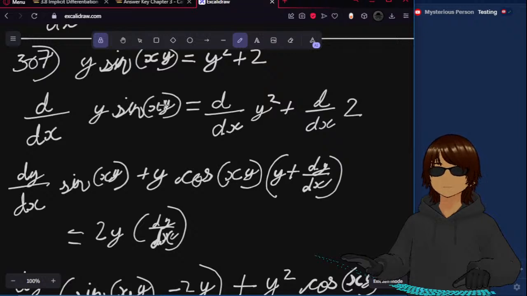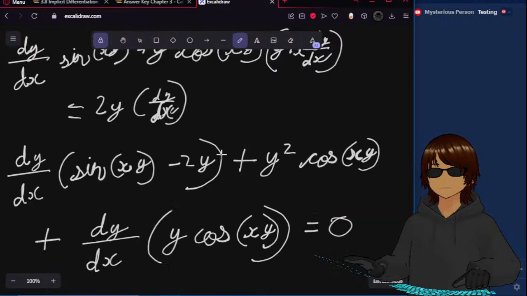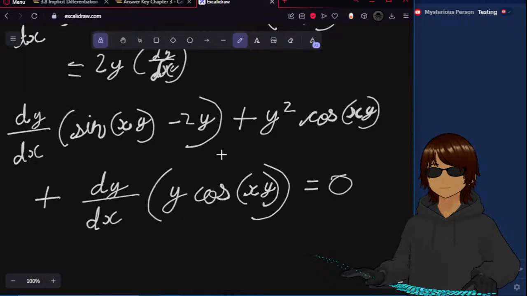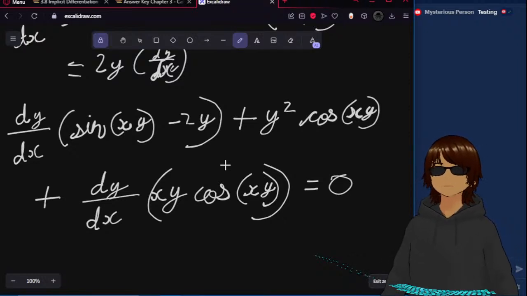First times the second. Derivative of the first times the second, which is y, plus the second times the derivative of the first. Doesn't feel correct though.